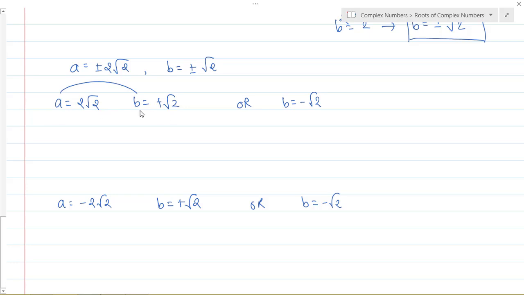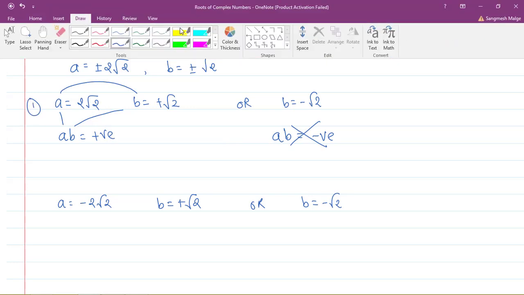Okay, so in this case, if I have a into b, this and this will give me the positive number because both are positive. But if I consider this b with this a, a into b will give me the negative number, which is definitely wrong. I want positive 8. Okay, so I want a positive number. So for the first case, which two values are correct?